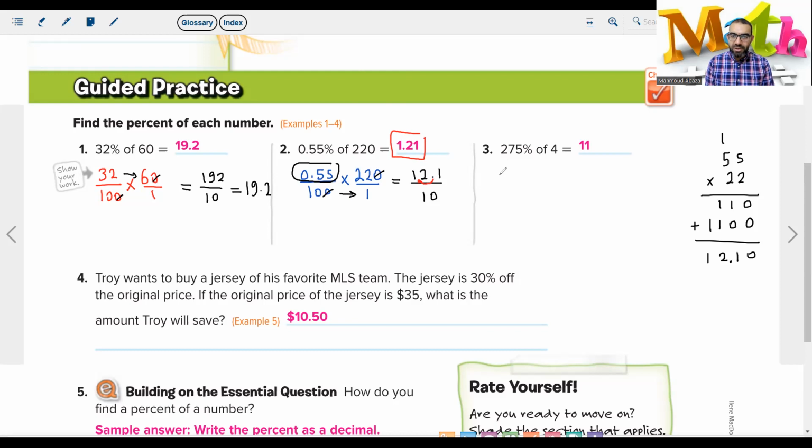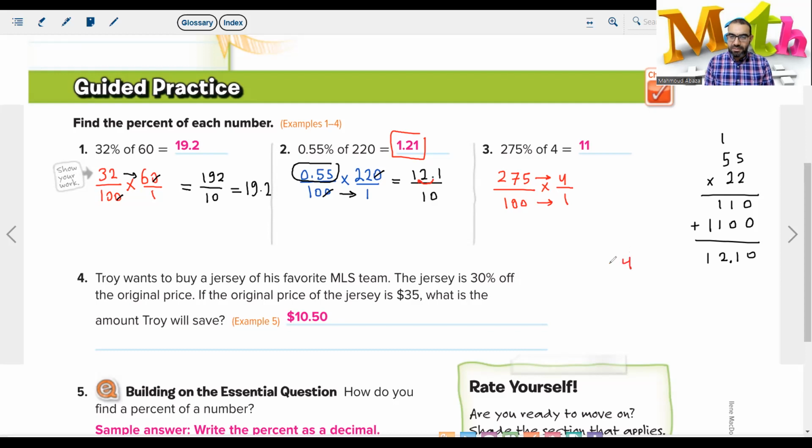Problem 3, we need to know 275% of 4. So it's like 275 over 100 multiplied by 4 over 1. I'll multiply the numerator, then I'll divide by the denominator.